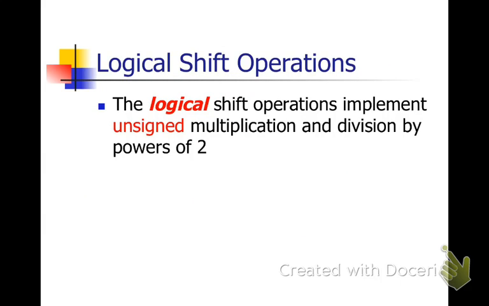Let me show you logical shifts. These implement unsigned multiplication and division by powers of 2. And I'll show you real quick. Let's do something a little bit larger. Let's say I've got a 16-bit value, BF2C, and I want to do shift left by 4.